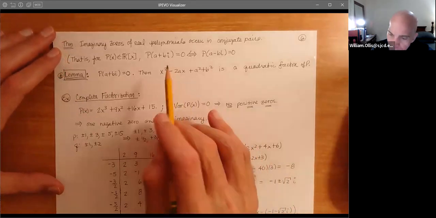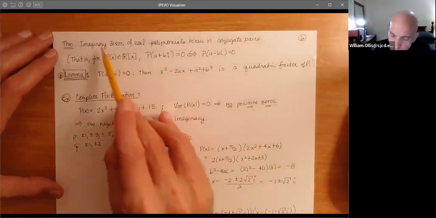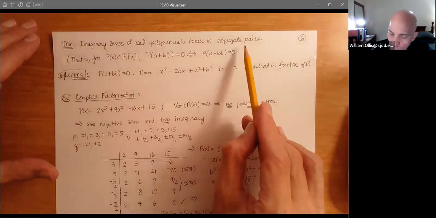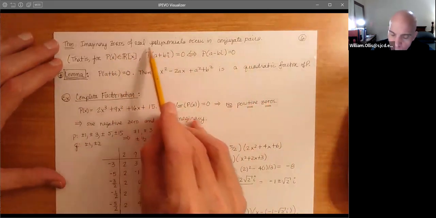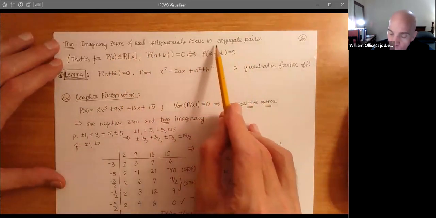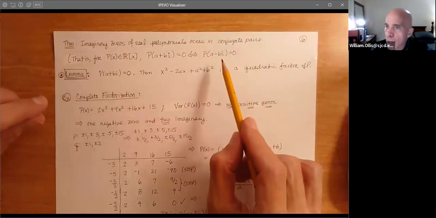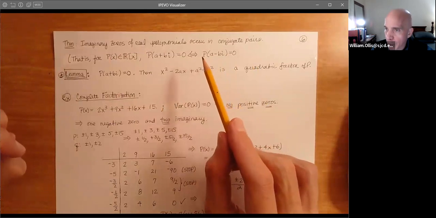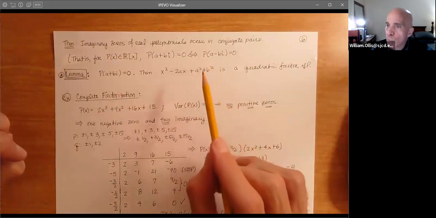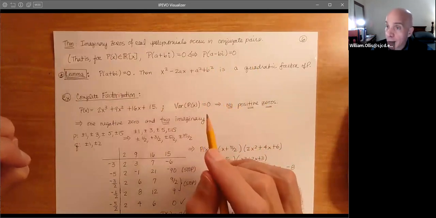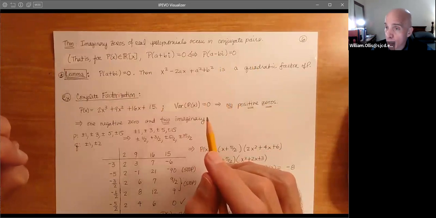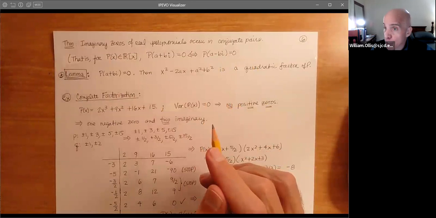So now let's go ahead and note what we've been using. Imaginary zeros of real polynomials occur in conjugate pairs. This is a result of the quadratic formula. So when would you ever get an imaginary zero in a real polynomial? It means that you would have looked at the discriminant and the discriminant was negative, less than 0.